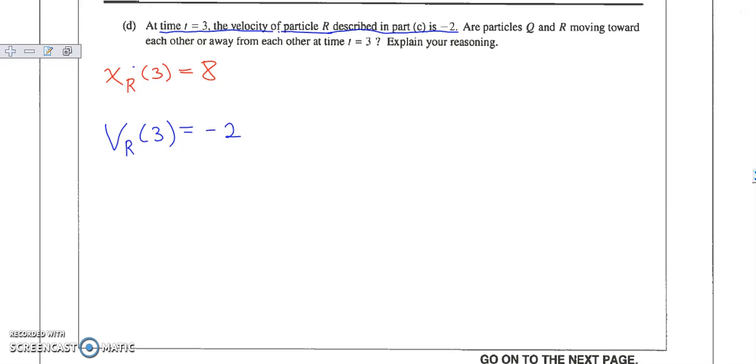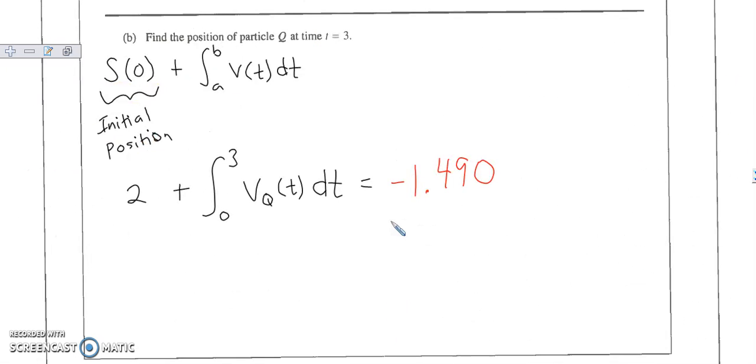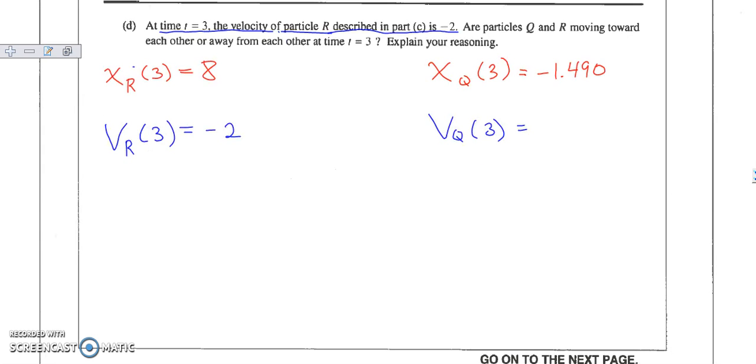Okay, so now particle Q. Back in part B, we actually determined the position of particle Q at t equals 3, and it's negative 1.490. So this goes for particle Q. And now all we have to do is calculate the velocity of particle Q at t equals 3.